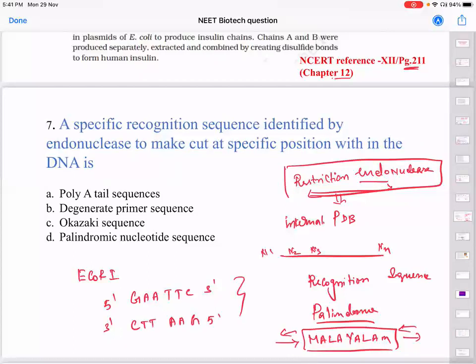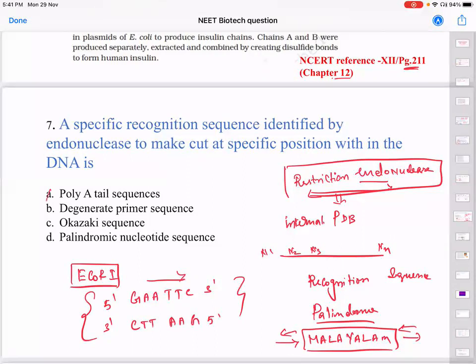So I hope I have given the correct sequence. EcoR1. If you read from this direction, you get the same sequence. If you read in the reverse direction, you get the same sequence. So they are basically palindromic, which is one important property of restriction endonuclease.